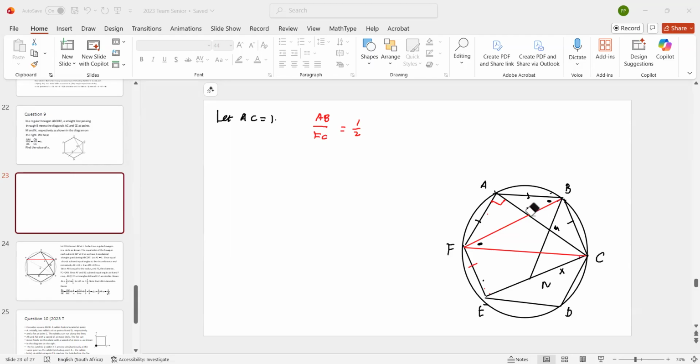This length here from here to here was x. I'm going to call this intersection point L.